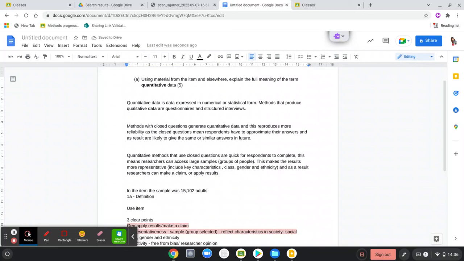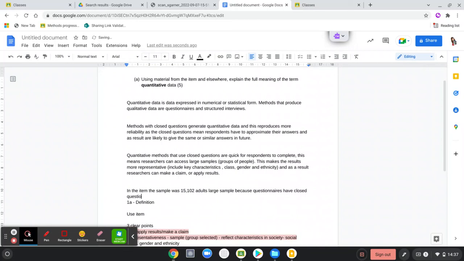This is a large sample because questionnaires have closed questions, making it quick to conduct research and therefore have large samples.